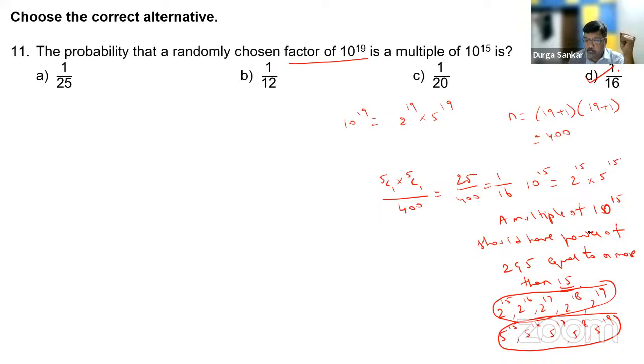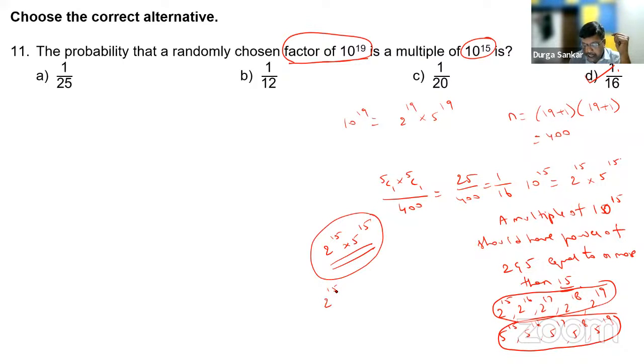Last point. Now, what we are saying is a factor of 10 power 19, if it has to be a multiple of 10 power 15, and 10 power 15 is nothing but 2 power 15 into 5 power 15. So if I want a multiple of this, then the power of 2 should be anywhere from 2 power 15 to 2 power 19. Why? The power of 2 cannot be more than 19, since I'm talking about a factor of 10 power 19.